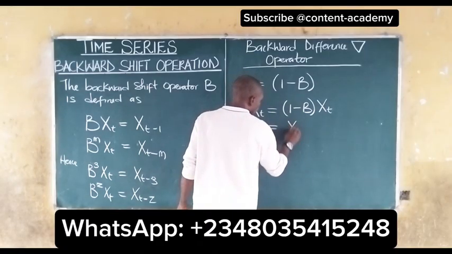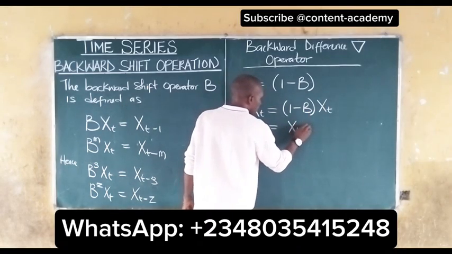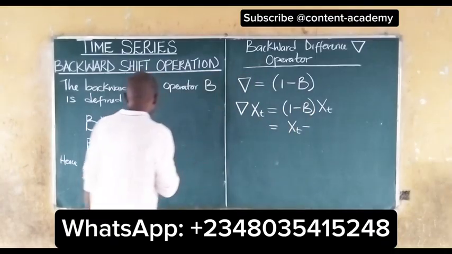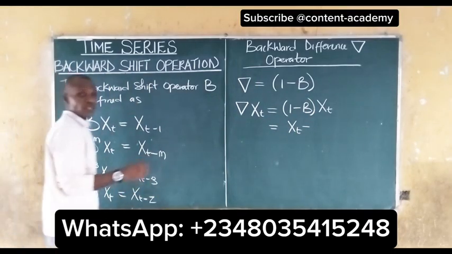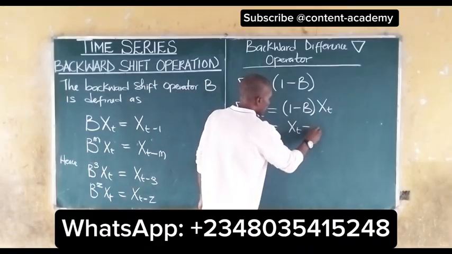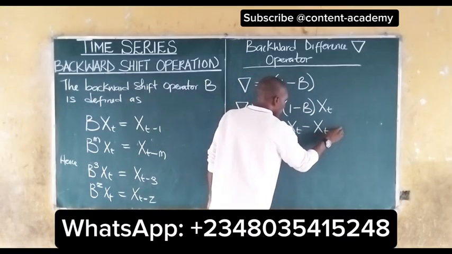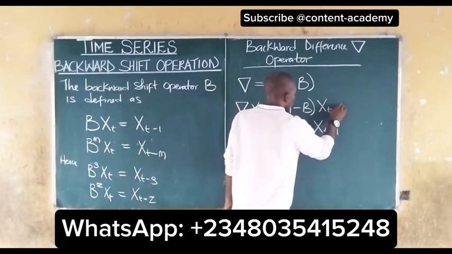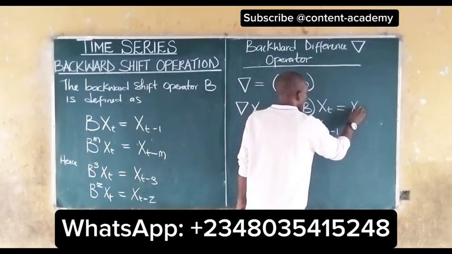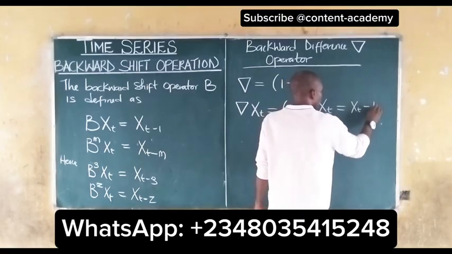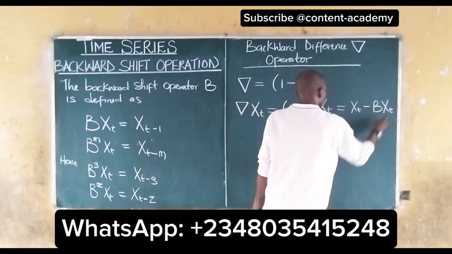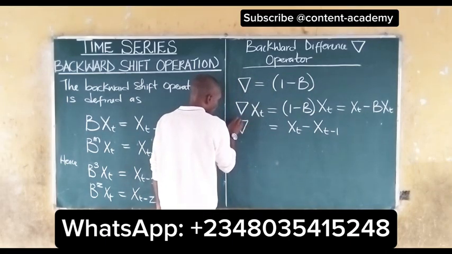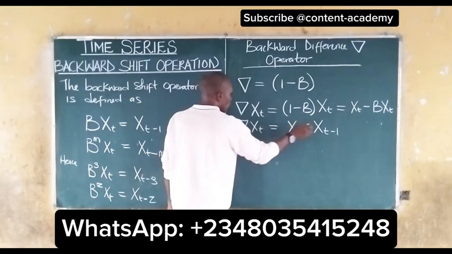This will give us X_t minus, because of this B, how the operator works, we'll now write it as X_{t-1}. Because this is supposed to give us X_t minus B X_t. So we now arrive at this: that means this operator is equal to this.